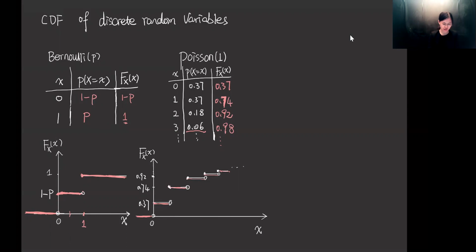So here are some features of the CDF for discrete random variables. CDFs for discrete random variables are step functions. That means that they are flat, except that there are some vertical jumps. And where do the jumps occur?